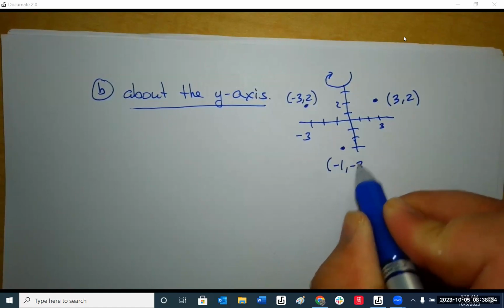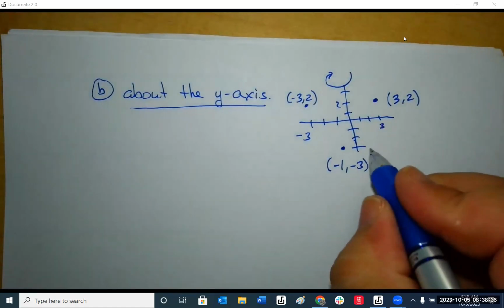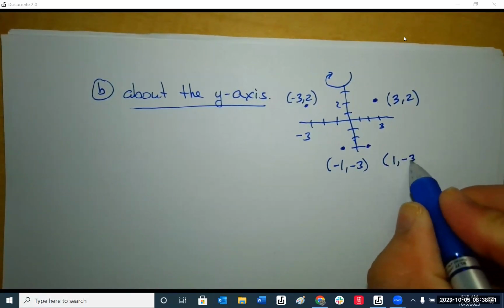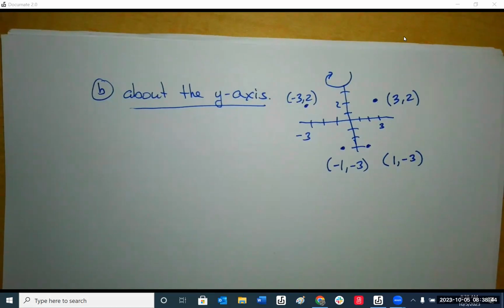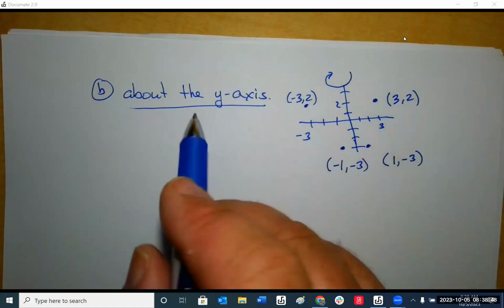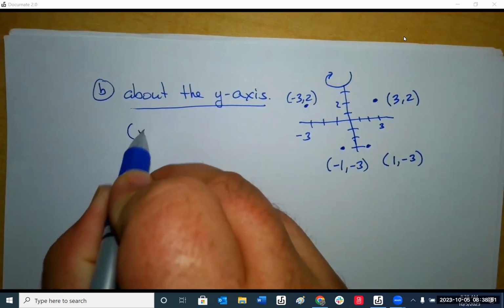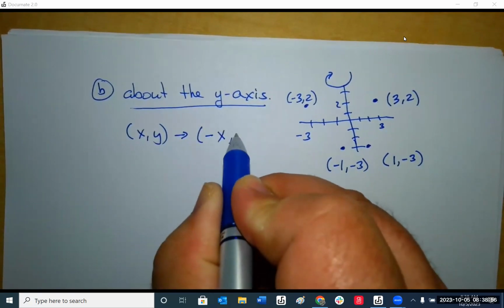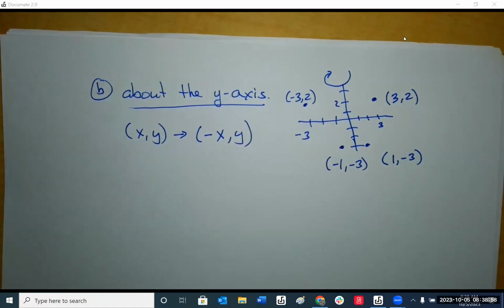At -1, -3, if I fold the sheet over, I get +1, -3. So if it's about the y-axis, the x's change signs. And remember, x's are inside the function. If it happens inside the function, it's a horizontal change. If it happens outside, it's a vertical change.